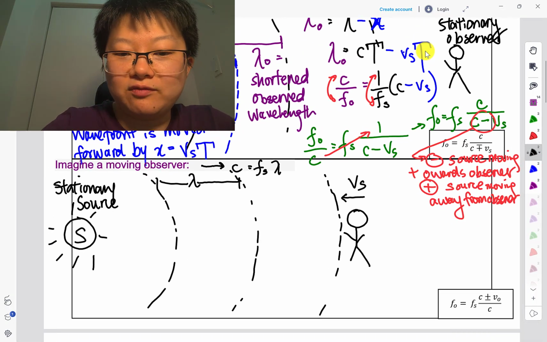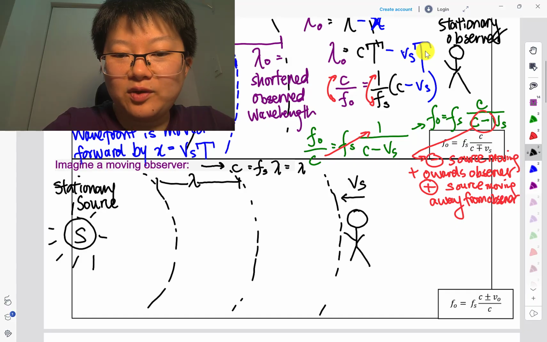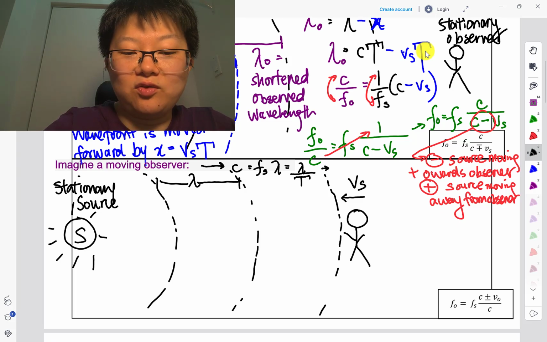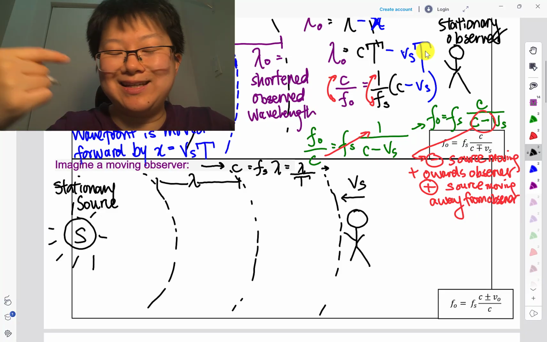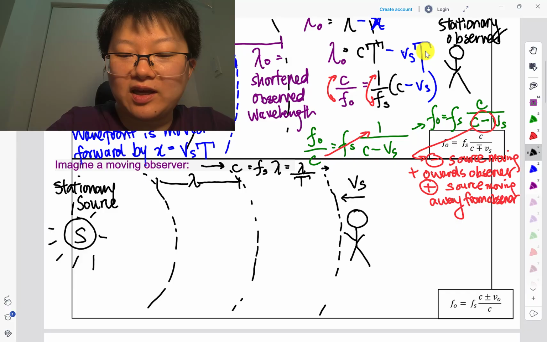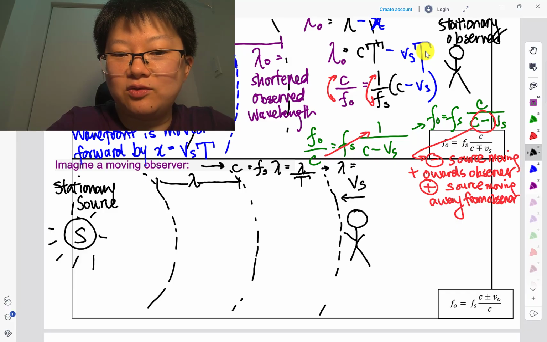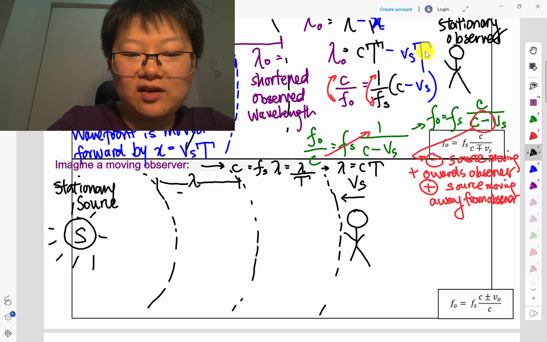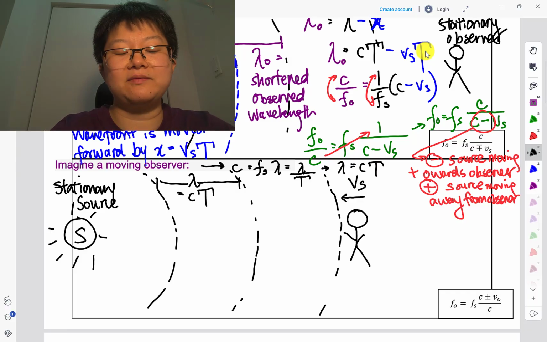So this could be written as the wavelength divided by the period. And if I want to write wavelength in terms of period and speed, I just cross multiply the period up. I get wavelength is equal to c times the period. So this guy over here is equal to the speed of the wave in this medium times the period.